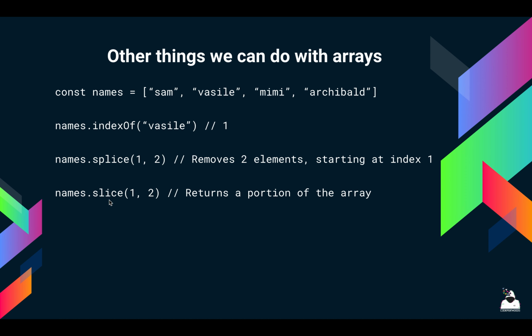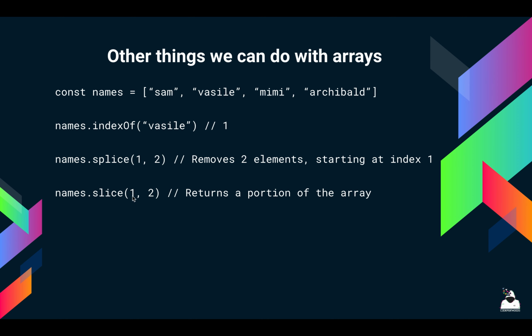Now, slice doesn't actually remove it, doesn't actually mutate the original array, whereas splice actually is taking elements out, and actually you can use it to replace elements with some new value. Slice doesn't change the original array, it just gives us a copy, a portion of the array.